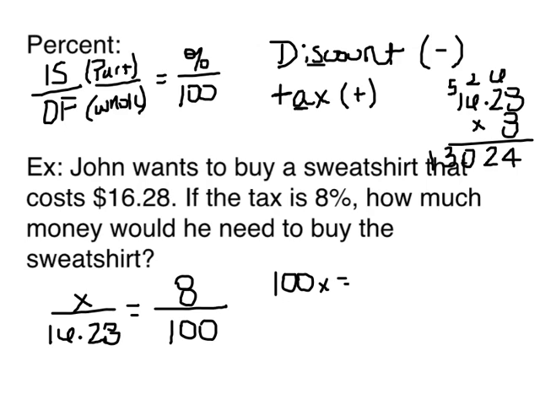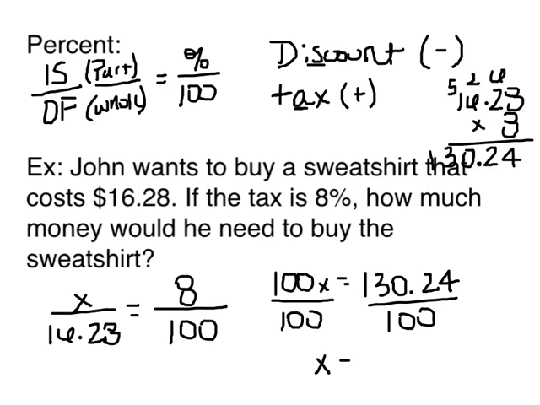And then there's 2 numbers to the right of the decimal in the multiplication problem, so we need to put 2 numbers to the right there. So it's 130.24.